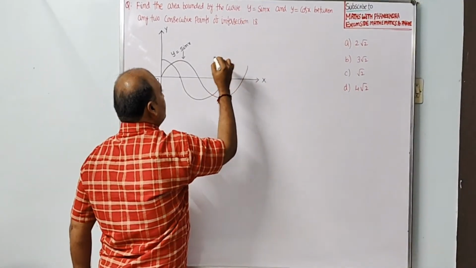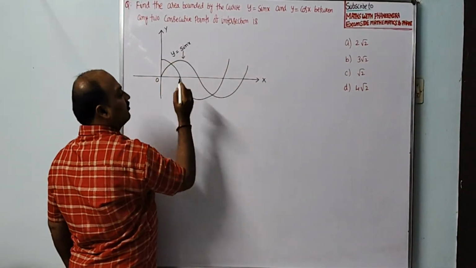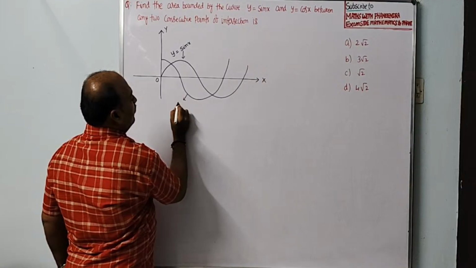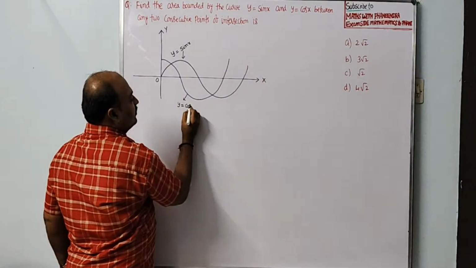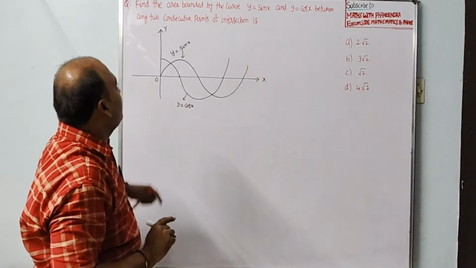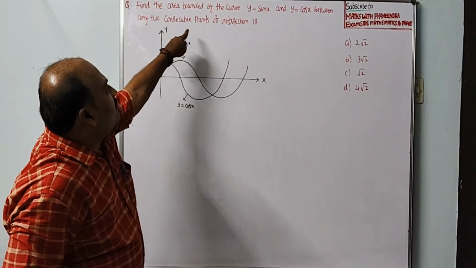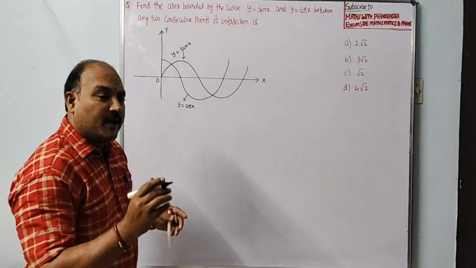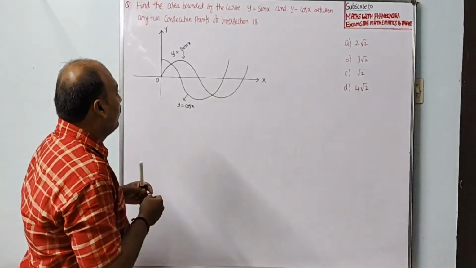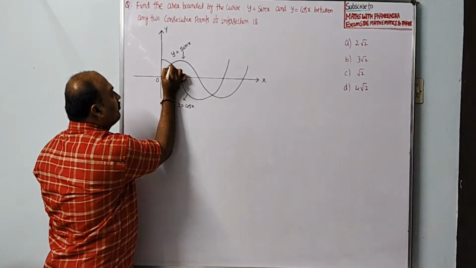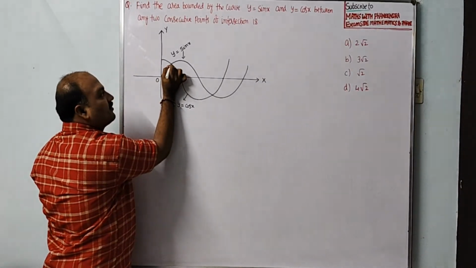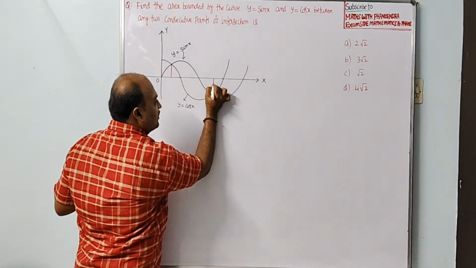This is the y is equal to cos x curve. In the question, any two consecutive points of intersection, the area between them. This is the first point of intersection. Second point of intersection is this one.